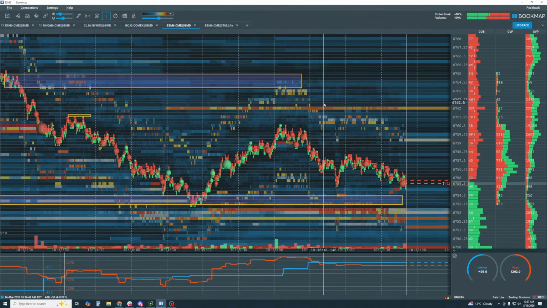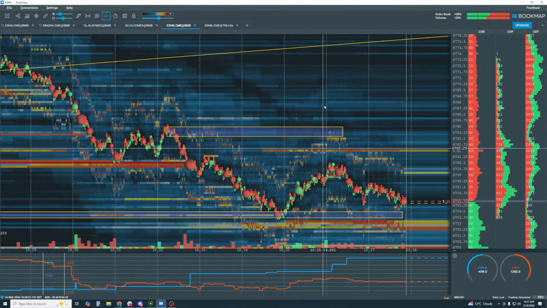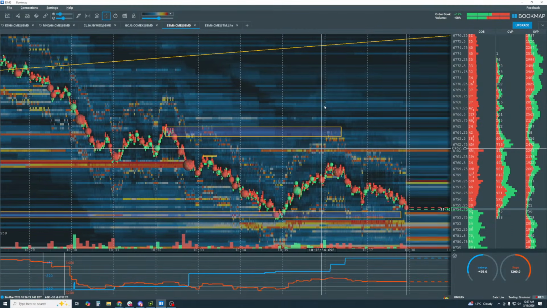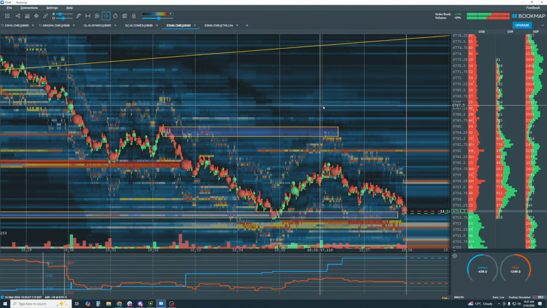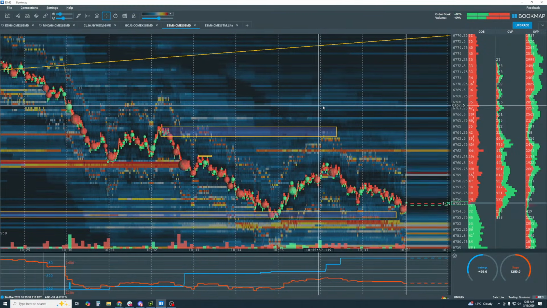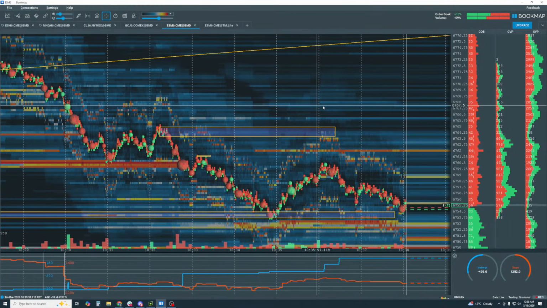It really depends. I know other traders that won't even trade during this period because, like I said earlier, they're reacting to different things instead of what they typically react to.